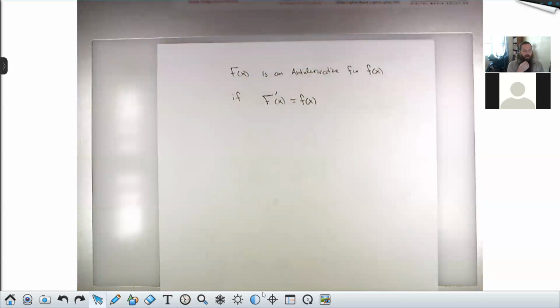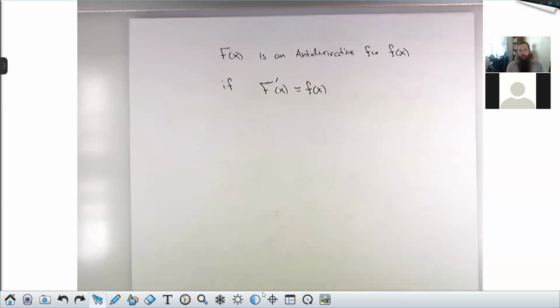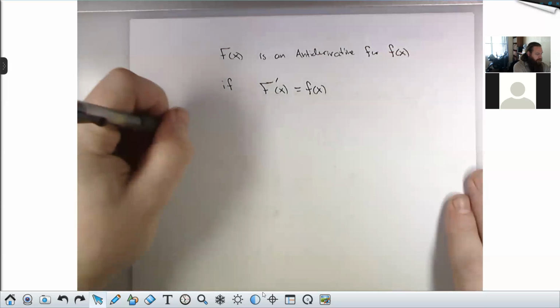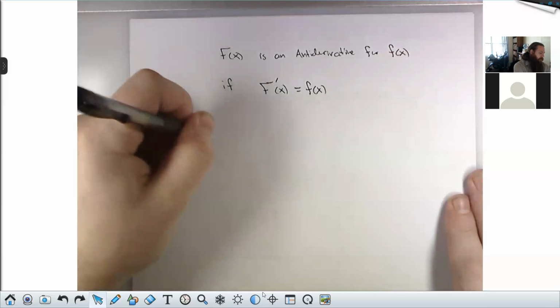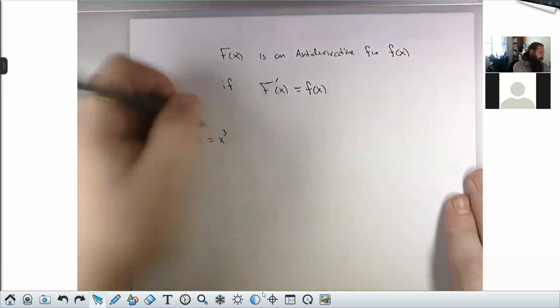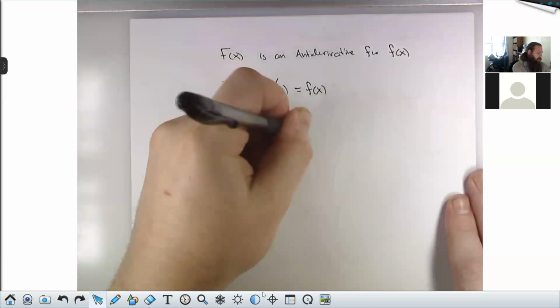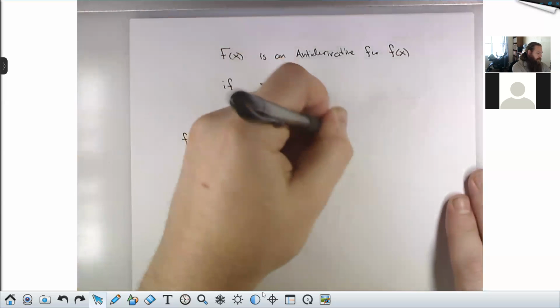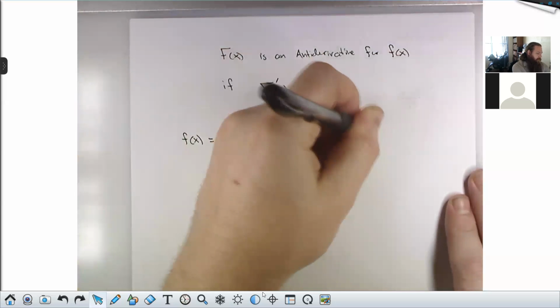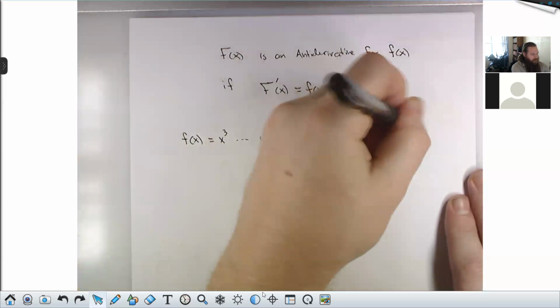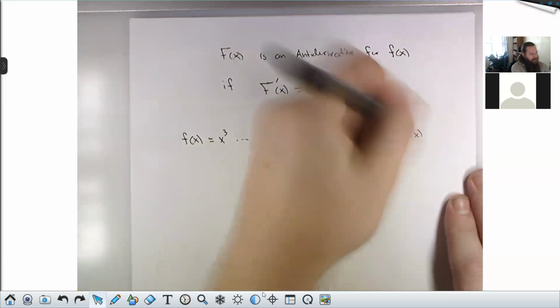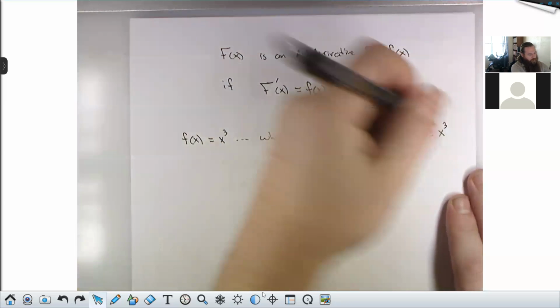So when you're trying to find an antiderivative, what you're looking for is a function whose derivative is the thing you are given. So like if I tell you little f of x is x cubed, I have to ask what function has derivative f prime of x equal to x cubed.